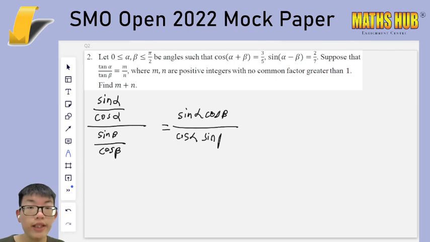What we get here is something that looks very much like our product to sum, and it is pretty much assured that it is really product to sum by the two things that they give us, which is using cosine alpha plus beta and sine alpha minus beta.